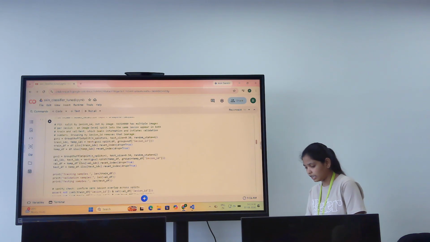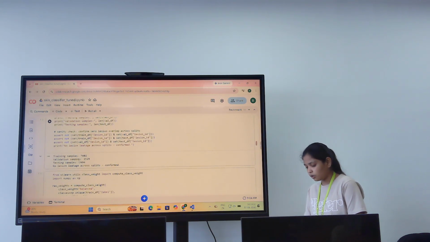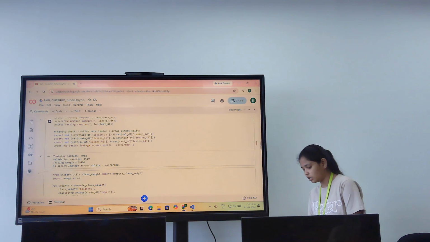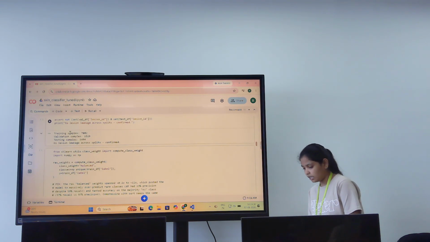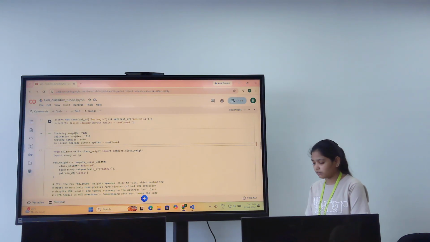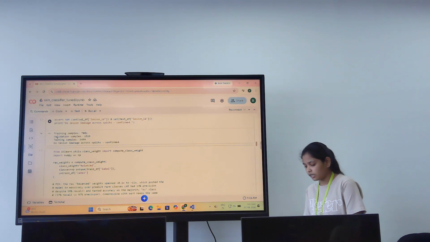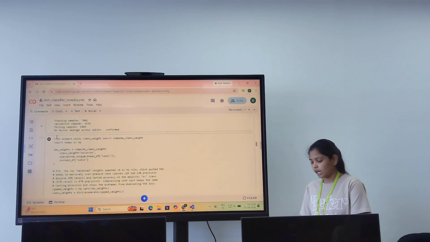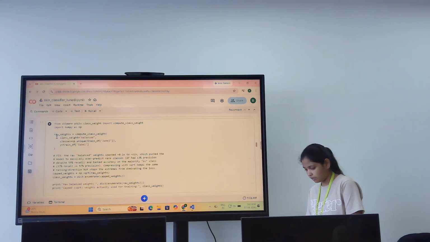So I ensure that no lesion image appears across the data splits. Here we can see the training samples, validation samples, and testing samples, and I also confirm that no lesion leakage across the split.